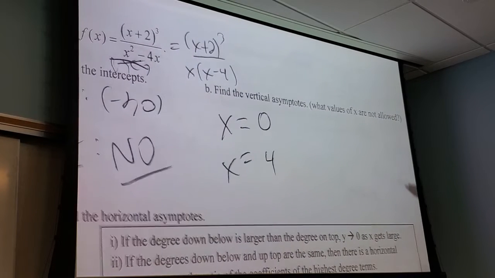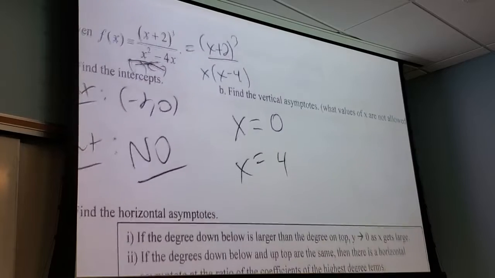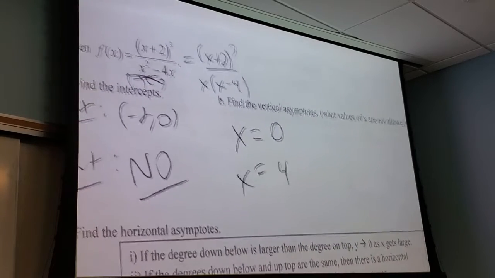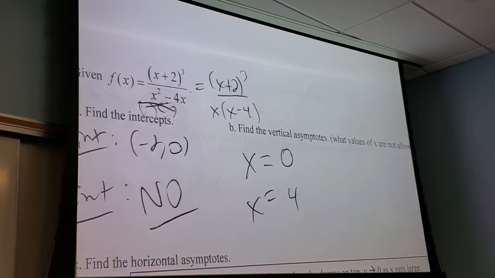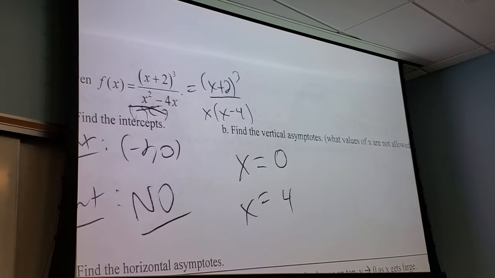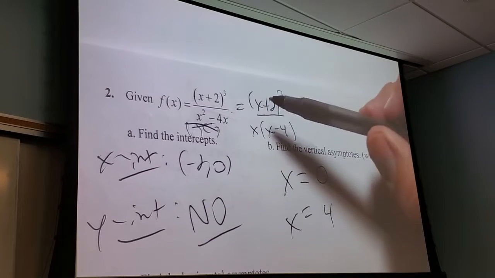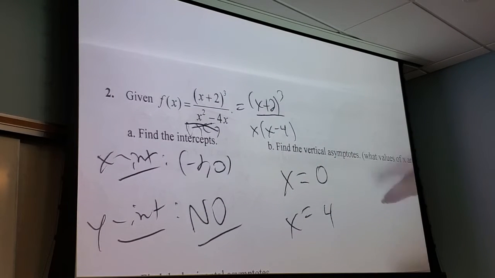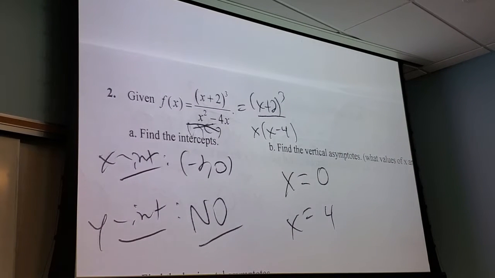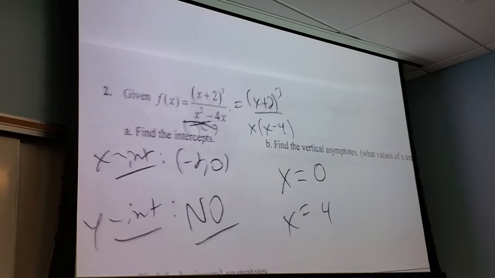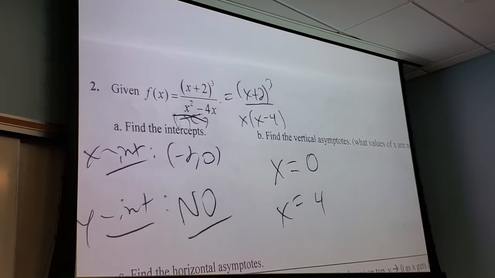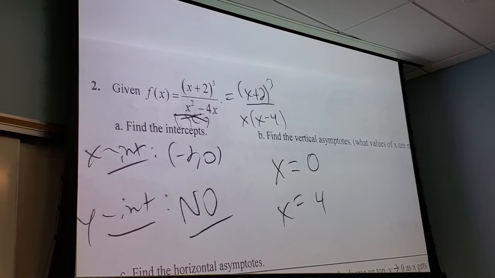Okay. Now, here's the best part of this problem, which you should interpret as the worst part. What situation are we in for horizontal asymptote? What's the degree of the top? Third degree. What's the degree of the bottom? So we're in the situation where the top is higher than the bottom, which means the top is growing faster. So it goes to infinity, but it goes to infinity in a very defined way.